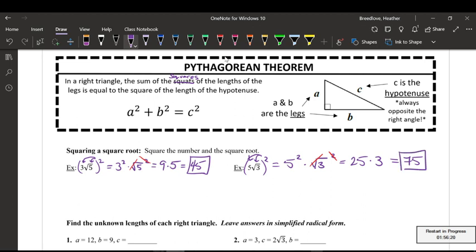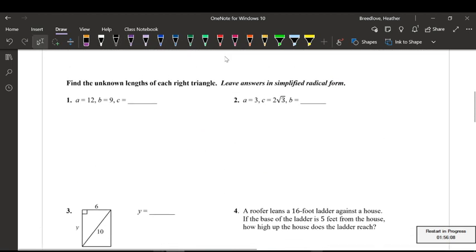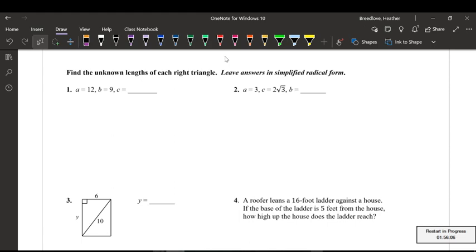Alright, so that's just a quick recap on how to square a radical, or a value with a radical. Using the Pythagorean theorem, we're going to find the unknown lengths of each right triangle and leave the answers in simplified radical form, so not in decimals. That's what we've been practicing for the past few days.